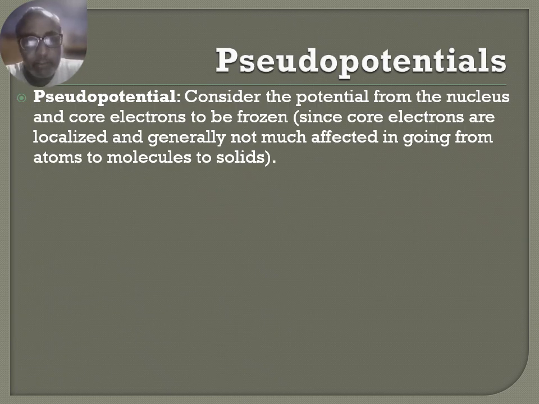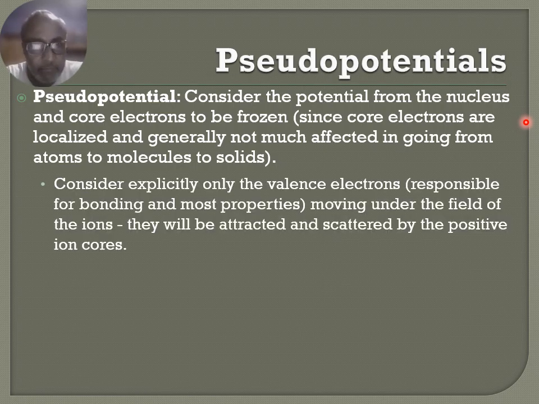DFT calculations on periodic solids often use pseudopotentials. That is, we consider the potential from the nucleus and the core electrons to be frozen, since the core electrons are localized and generally not much affected in going from atoms to molecules to solids. We consider explicitly only the valence electrons.